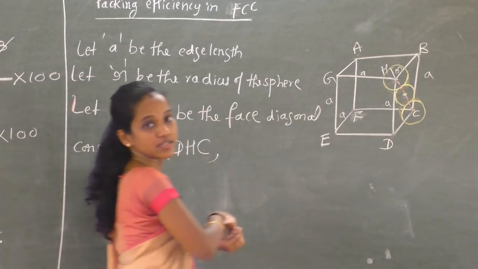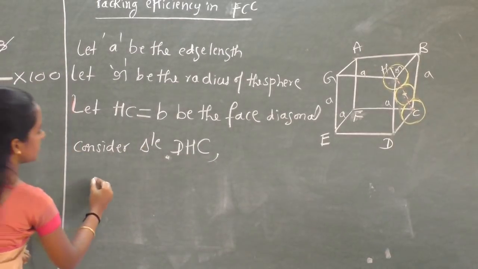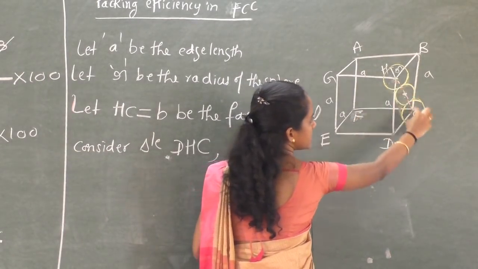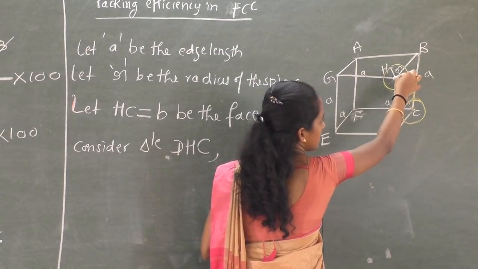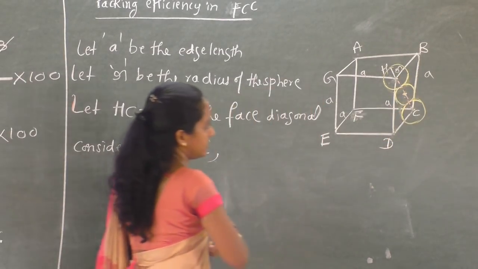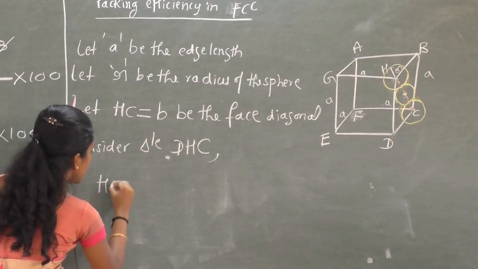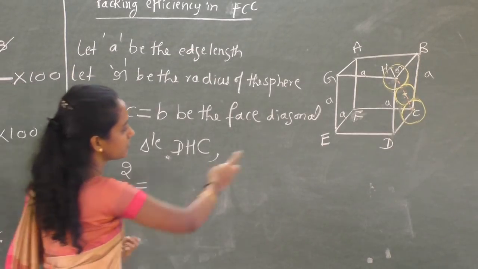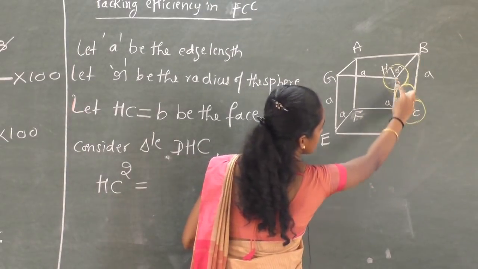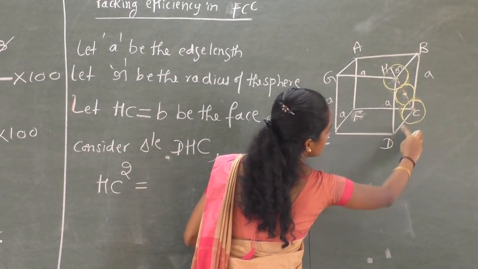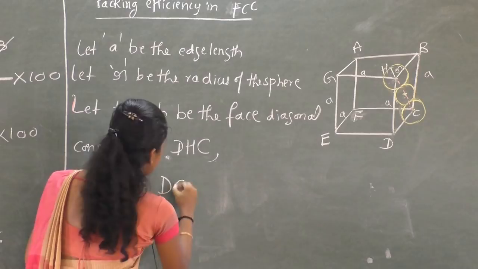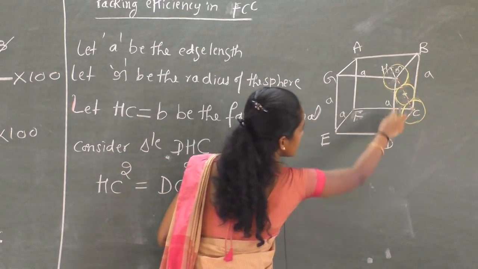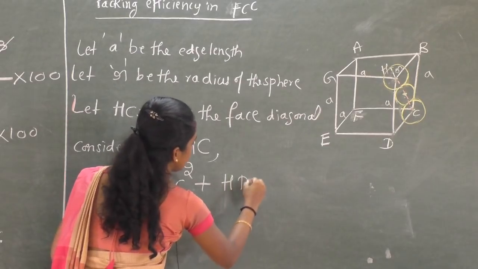Using Pythagoras theorem, we can write HC square is equal to the sum of squares of the other two sides: HC square is equal to DC square plus HD square.